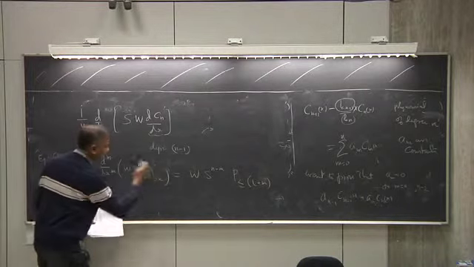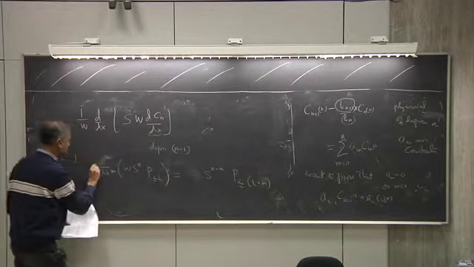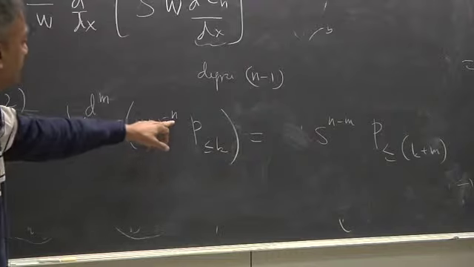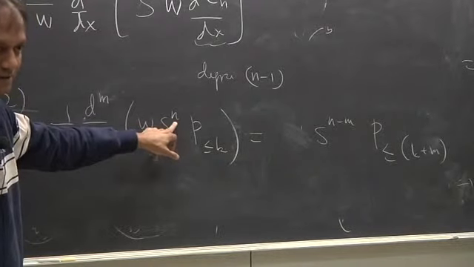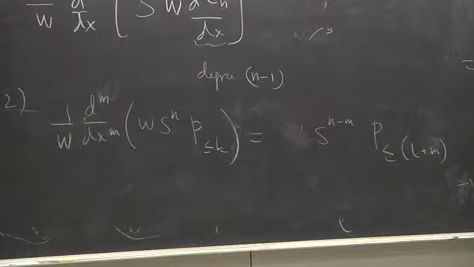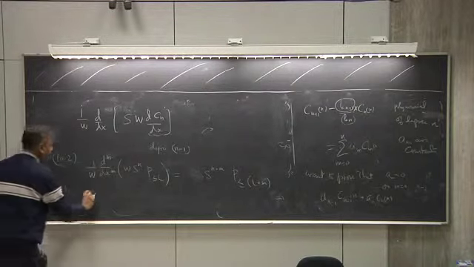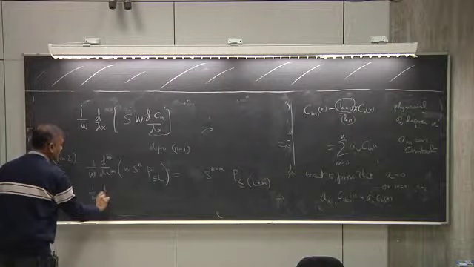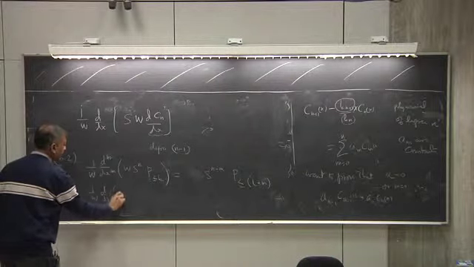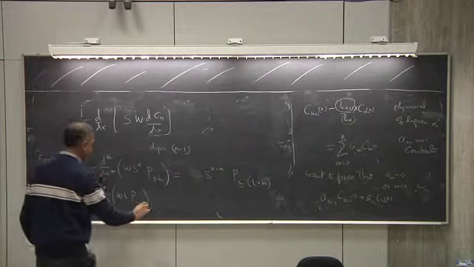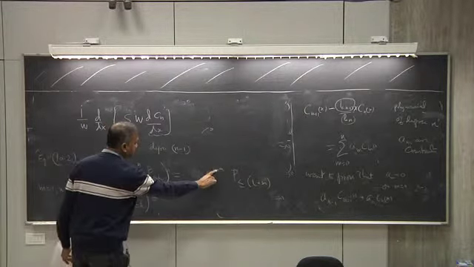Now let me divide both sides by w. So this becomes here w. And apply this for m equal to 1 and n equal to 1. If I apply it for m equal to 1 and n equal to 1, you see that 1 over w d over dx acting on w s times a polynomial of degree less than or equal to k gives s to the n minus m, with n equal to m equal to 1.